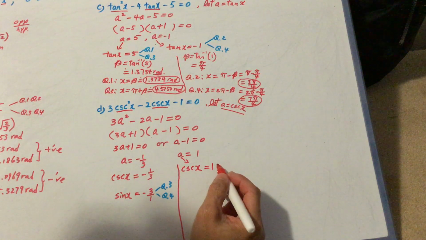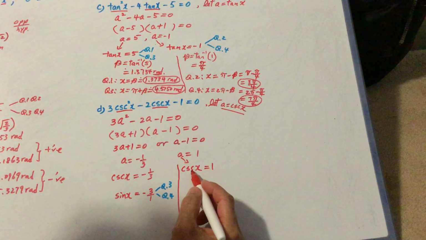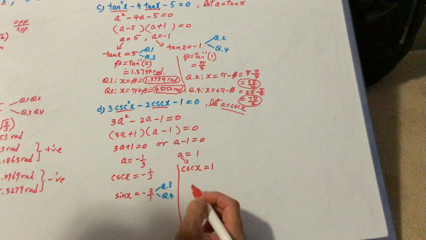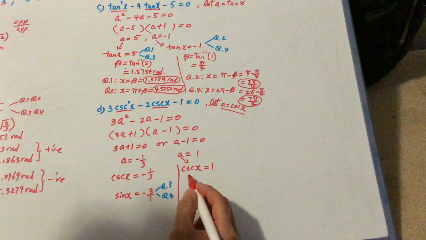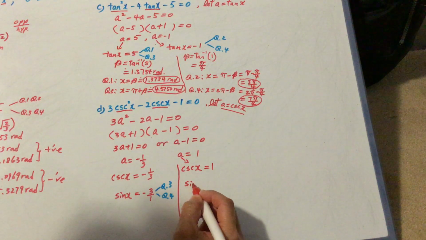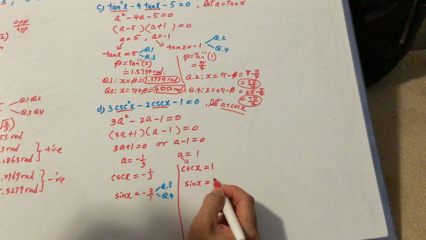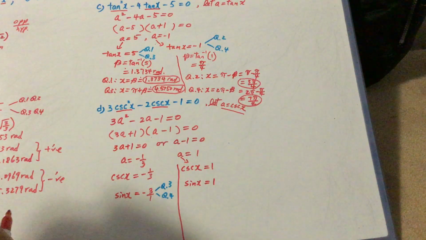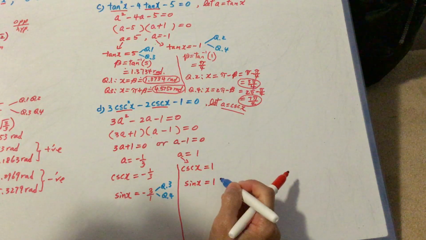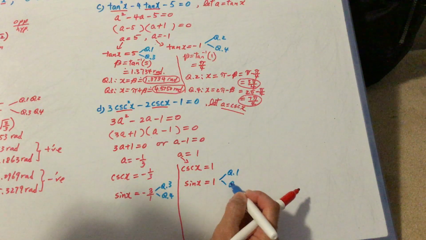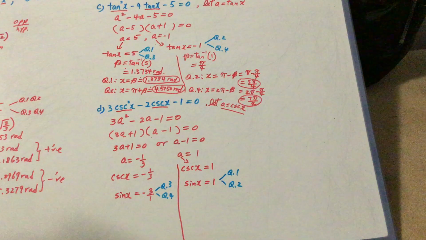And because this is positive, I know that I will have to turn this into a primary. So this is going to be sine x, taking 1 divided by 1, which still gives me 1. So positive, I have quadrant 1 and quadrant 2 for sine.